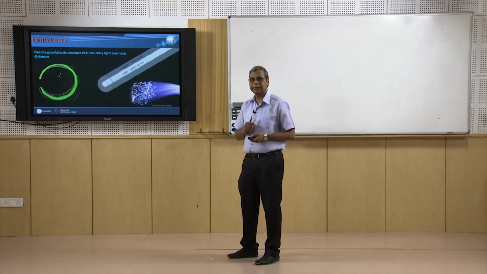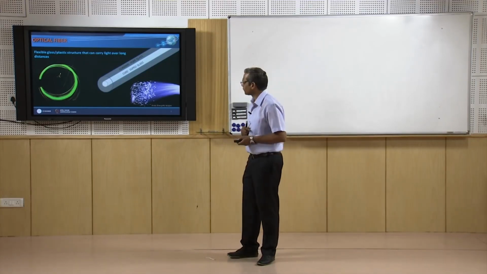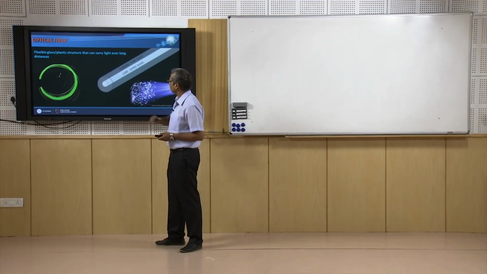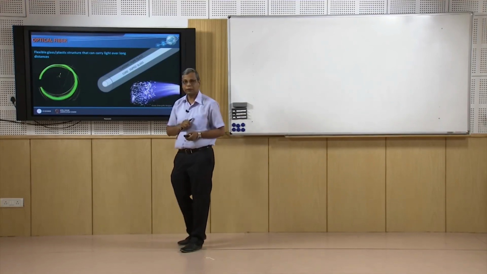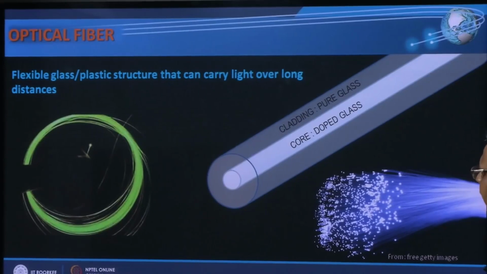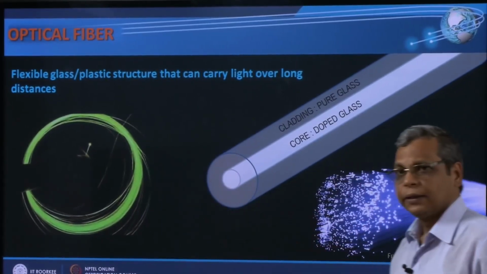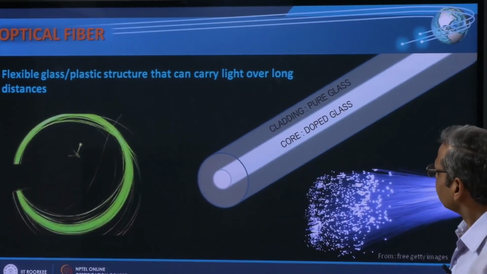What exactly is optical fiber? It has a very thin core in the center, which is made of a certain material. Here I have shown it is made up of doped glass, and it is surrounded by another material which is called cladding.